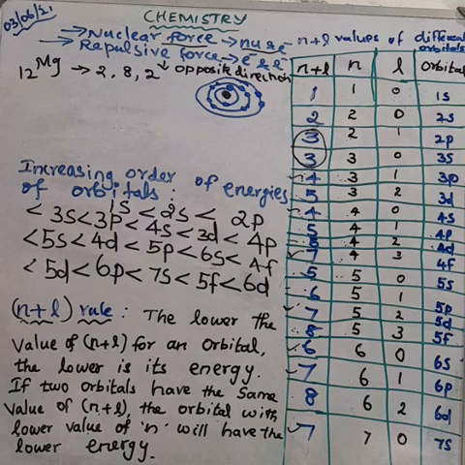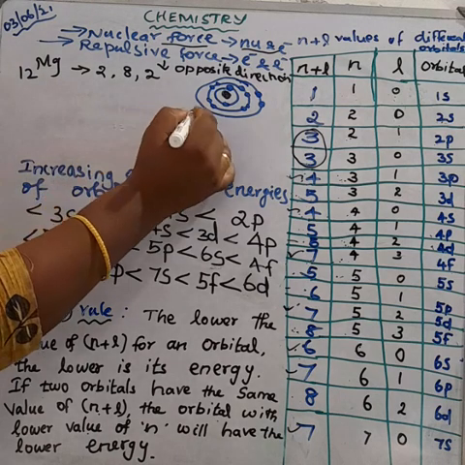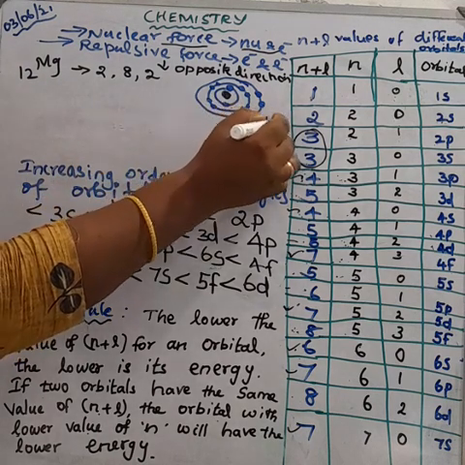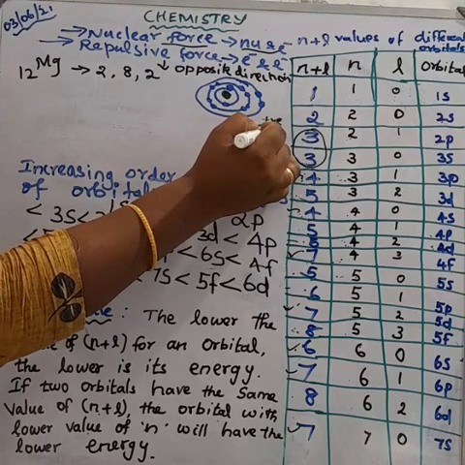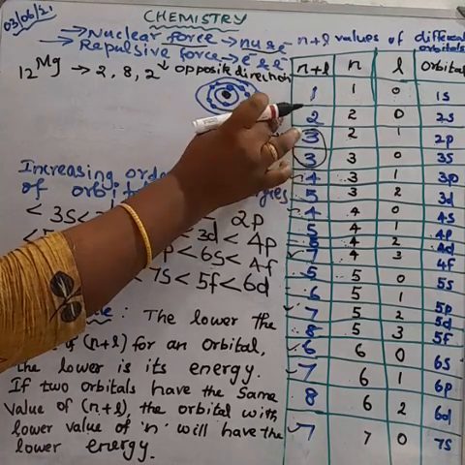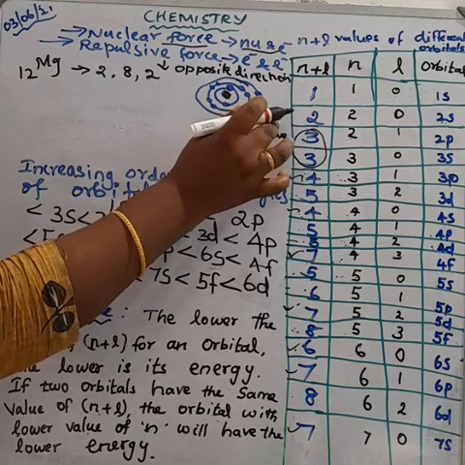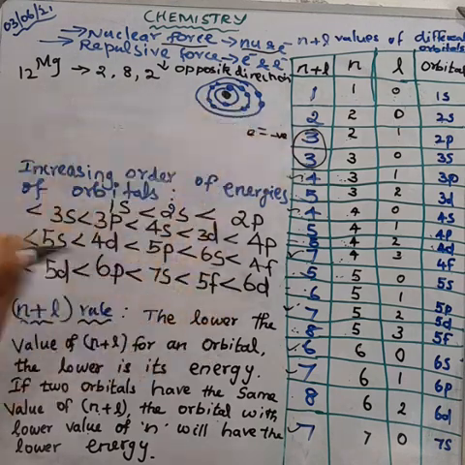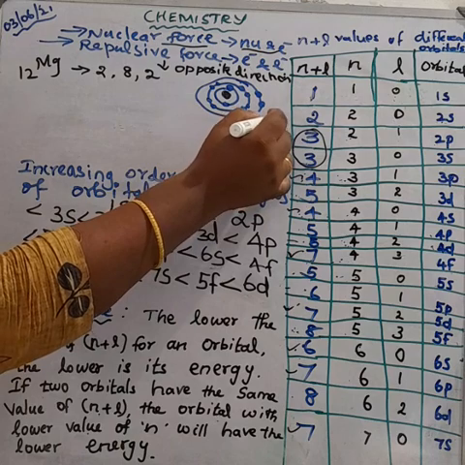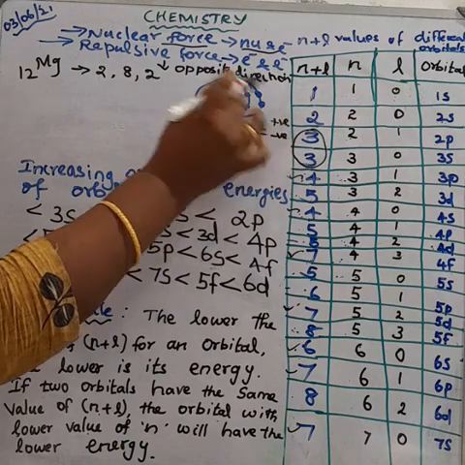You know the nucleus is positively charged and electrons are negatively charged, so positive and negative charges always attract each other.